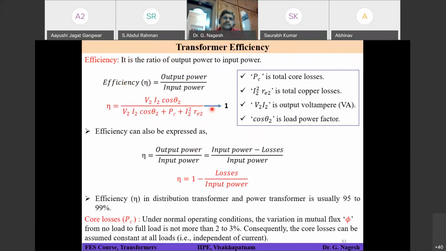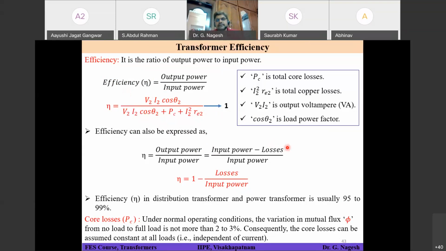This is equation 1, V2 I2 into cos of theta 2. Except current I2, everything else is assumed to be constant. V2 is constant. We are operating at a specific power factor, so cos of theta 2 is also constant, PC is already constant, and RE2 is also constant. So try to differentiate this equation 1 with respect to I2 and equate the result to 0.